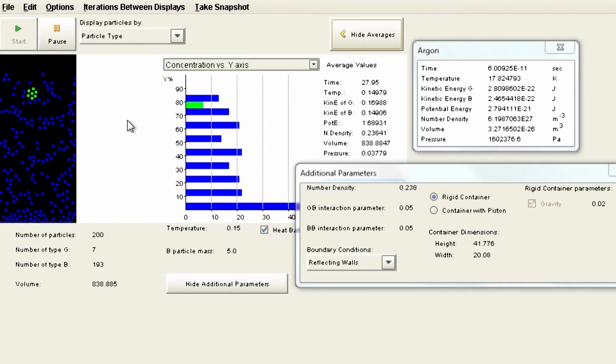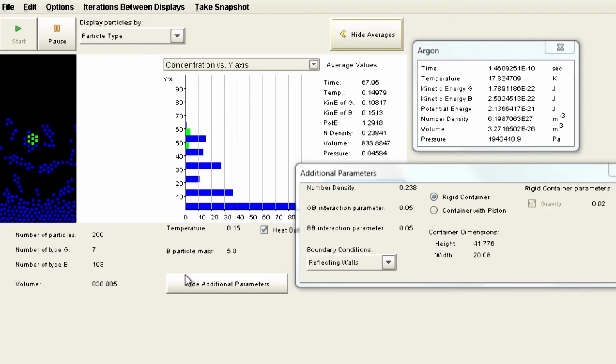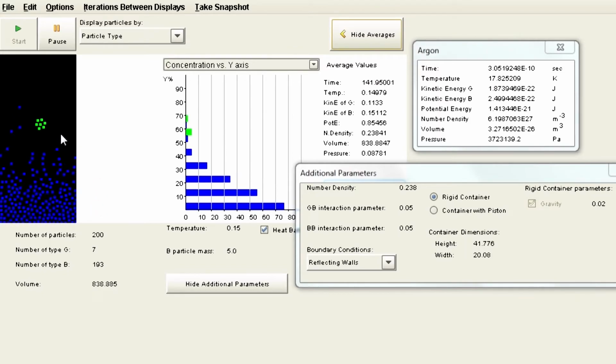So now you can see that the mass of the particle, especially the B particle, is also higher. So they are also going down, and now this has become the surface where the blue particle and the green particle are. So they are separated because the mass difference is not allowing them to diffuse at all. So this is another situation.